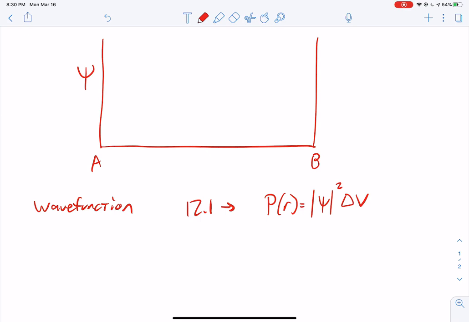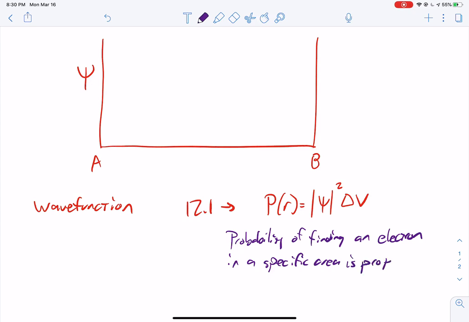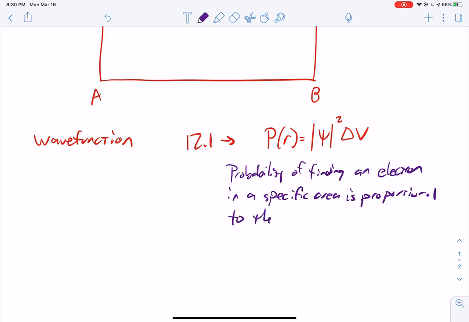What this equation essentially means is the probability of finding an electron in a specific area is proportional to the square of the wave function.